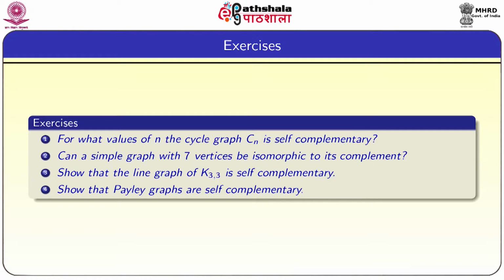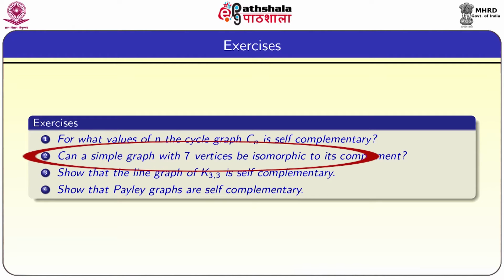It is not self-complementary for n equal to 3 or n equal to 4, which we already saw. So, it is better to see the remaining values, and from the previous result it is sufficient to check only for n equal to 4k and 4k plus 1. So, it is a nice exercise to find out for what values of n it is self-complementary.